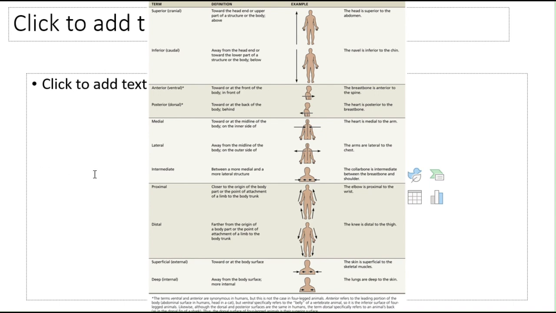So we have some more terminology: superior meaning upper, inferior meaning lower, anterior meaning forward, posterior meaning at the back of something, medial and lateral.